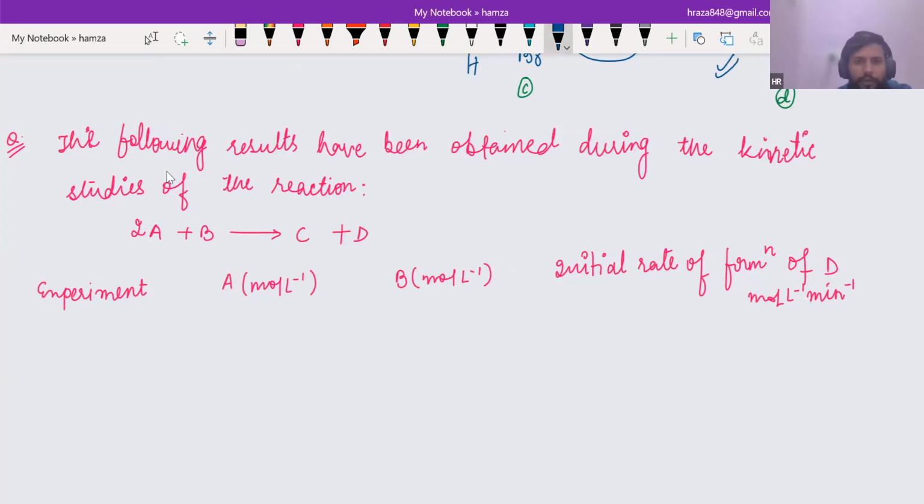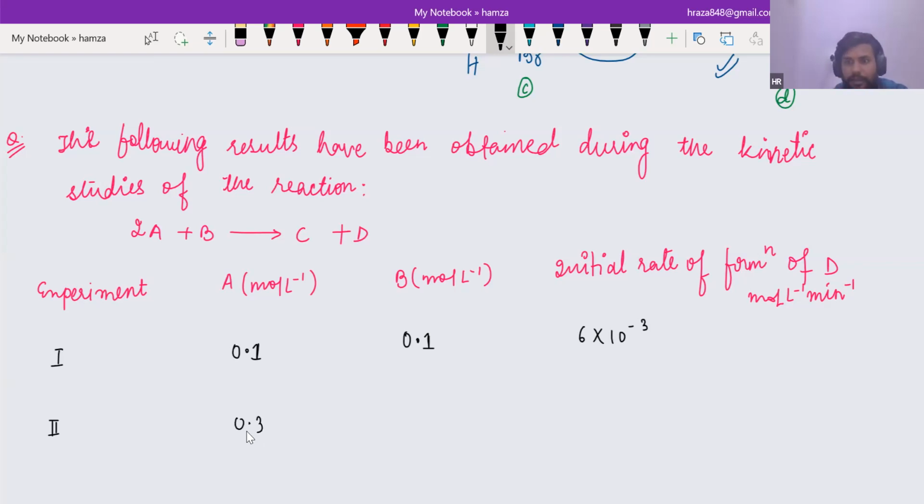Now, in the first experiment, it was found that A has a concentration 0.1 and B has a concentration 0.1. Then the initial rate is 6 into 10 raised to the power minus 3. In the second experiment, the concentration of A has increased 3 times.